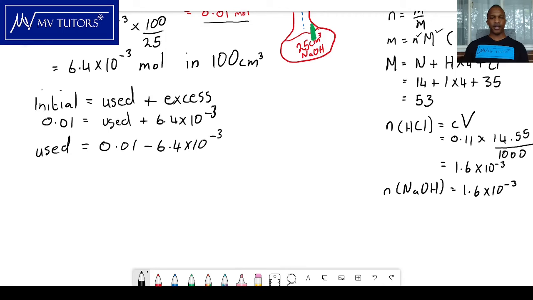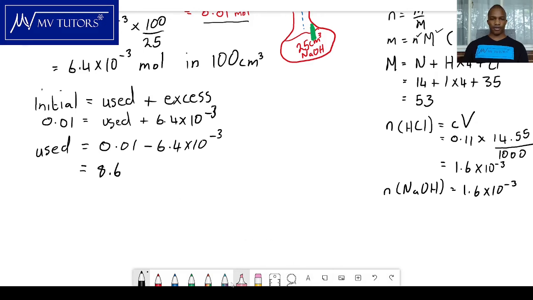Okay, let's bring back our calculator. Just going to do it the old-fashioned way. Minus 6.4 times 10 to the power negative 3. Oh no, it's not 1, it's 0.01 minus that, and then I get 8.6.